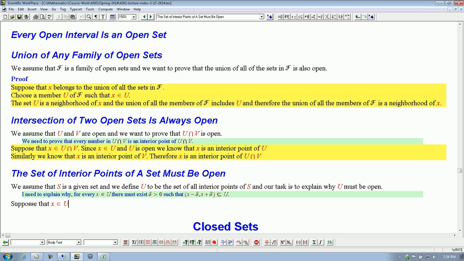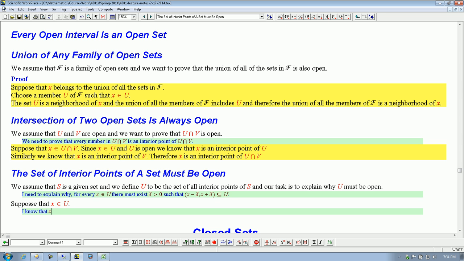Now, what is it that I know? I have just supposed, let me just write this here. I know that x is an interior point of S. Do you understand? What was U? U is the set of what?